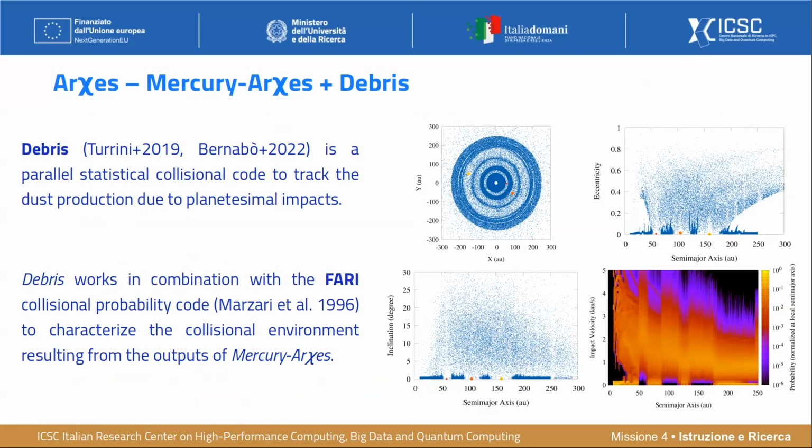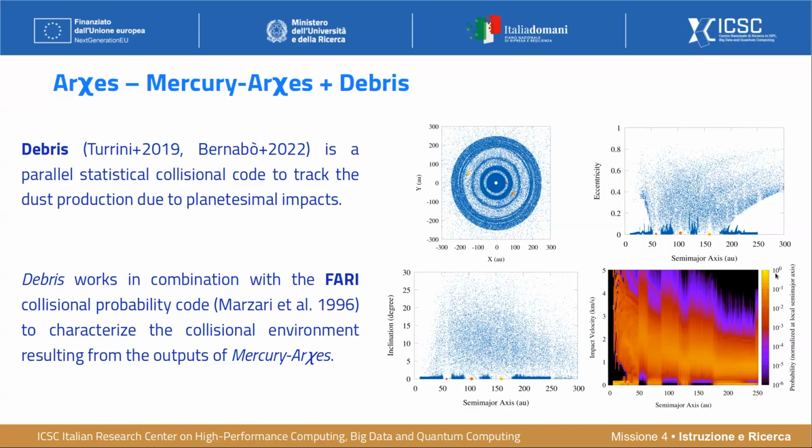So basically it takes the output of Mercury-Arxes at the time you want to analyze, considers the eccentricities of the bodies and the semi-major axes, computes the probability of intersecting orbits, and then outputs collisional probabilities and impact velocity. For example, the distribution of the impact velocities at each position is plotted here.